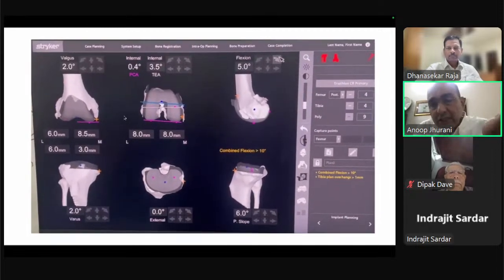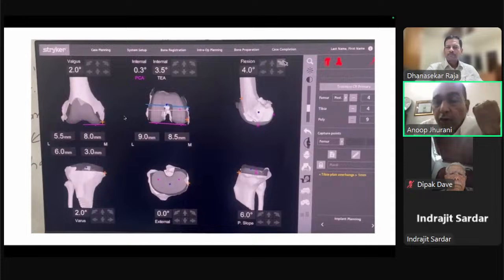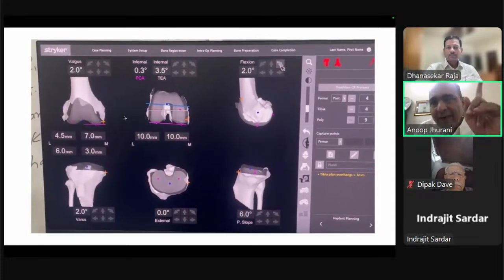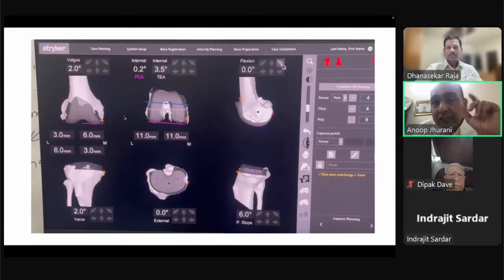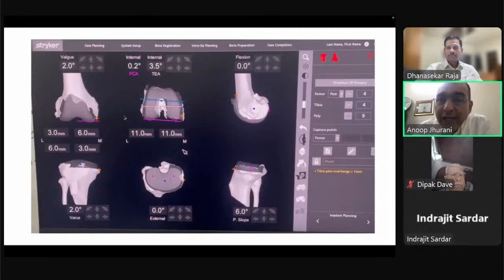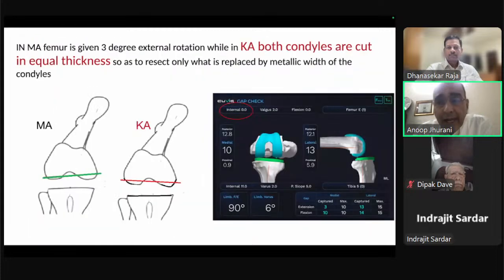That's the importance of flexion of the femoral component, on which the mechanical alignment is completely silent, but kinematic alignment is cognizant of this fact of how to give the flexion of the femur component and keep it between 3 and 5 degrees so that your posterior offset is maintained. So this is a very important concept, and the kinematic alignment guys, thanks to Dr. Howell and all the people who have worked on kinematic alignment for opening our eyes on the flexion of the femoral component and its importance.